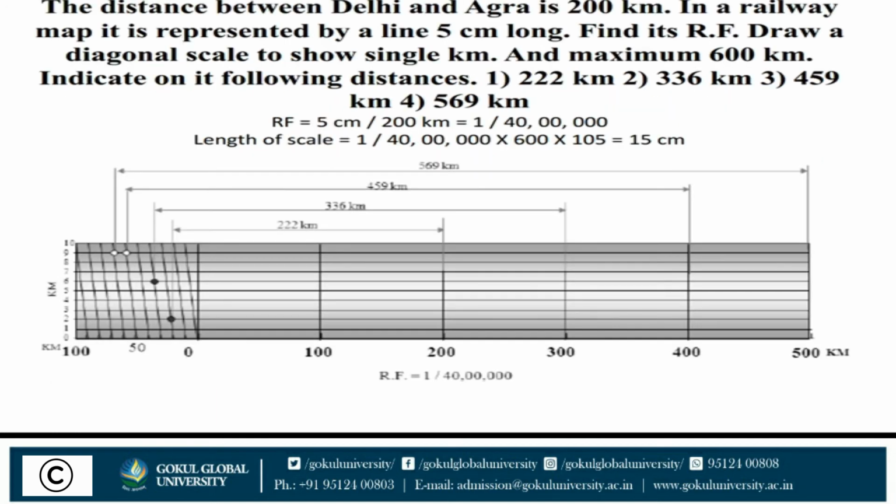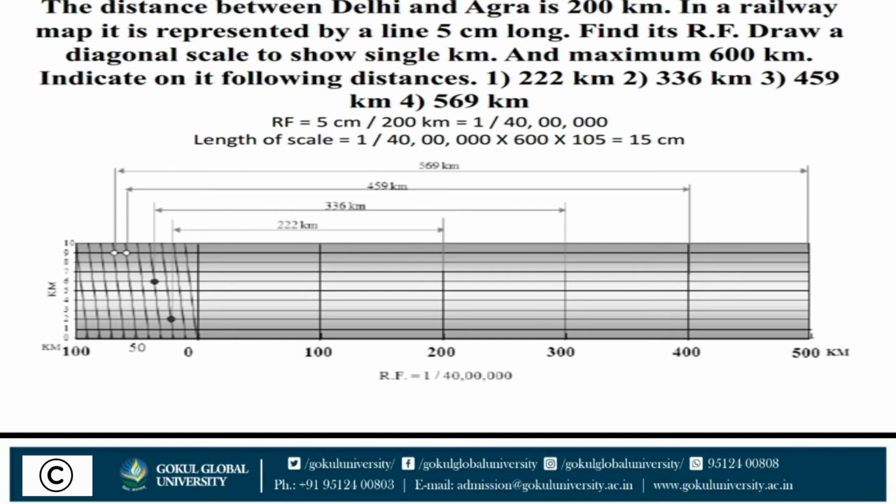Another problem: the distance between Delhi and Agra is 200 kilometers. In the railway map, it is represented by a line 5 centimeters long. Find RF. Draw a diagonal scale to show single kilometers and a maximum of 600 kilometers.